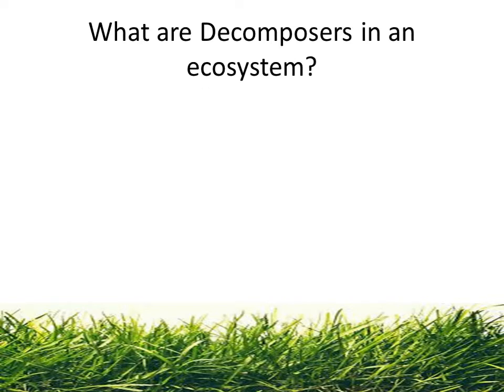What are decomposers in the ecosystem and what is their role? Decomposers are organisms that can break down dead bodies and return important nutrients back to the environment, especially to the soil. That's why they are very important to the plants and other organisms.